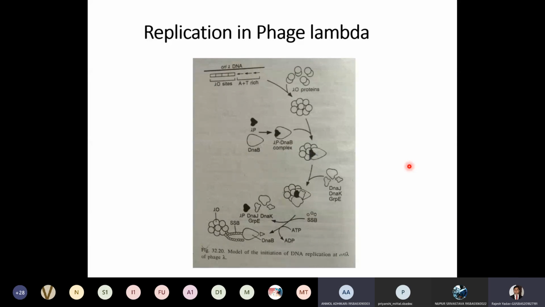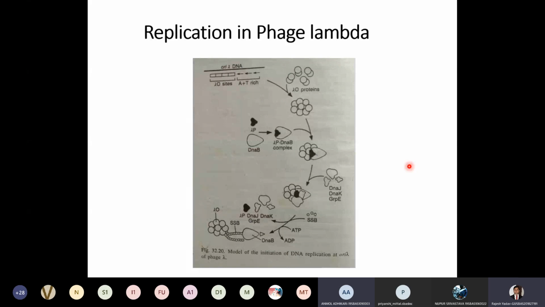The first protein in phage lambda is the lambda O protein, which comes and binds with the DNA. Then the next proteins that come are DNA B and lambda P. Lambda P is the protein that recognizes the AT-rich site, and DNA B breaks the hydrogen bonds. It is also known as helicase.